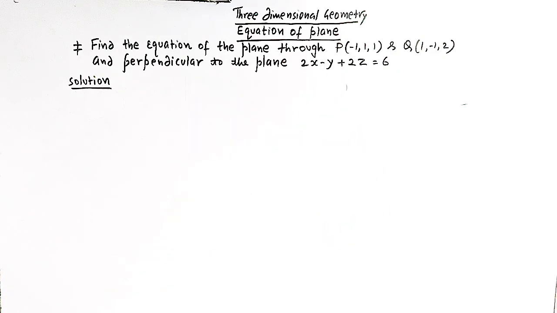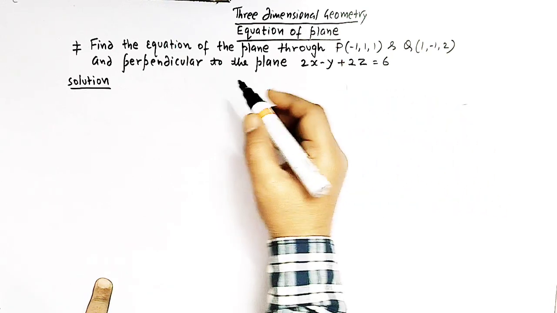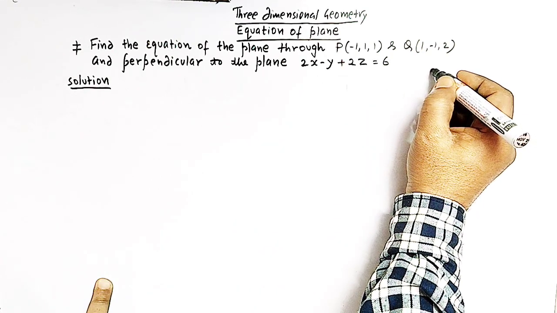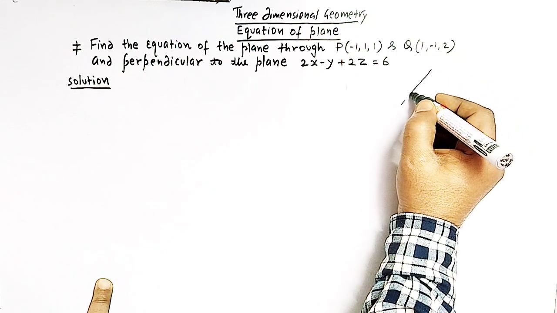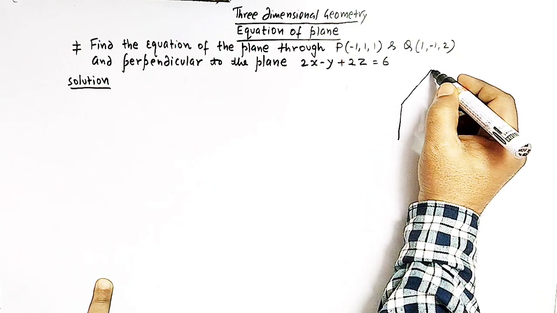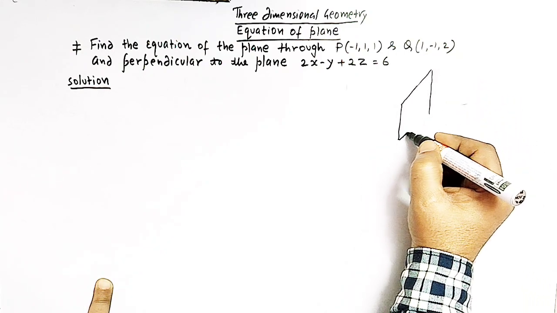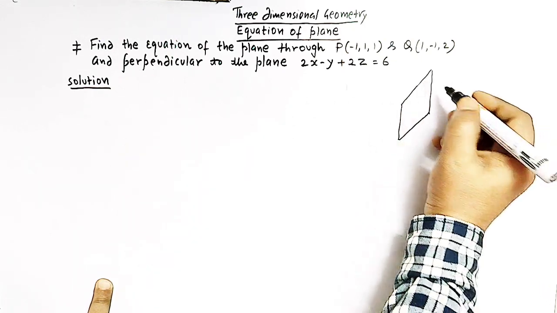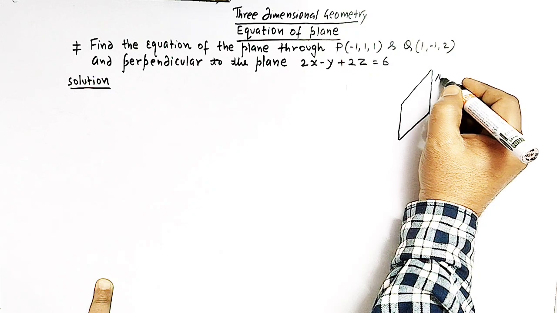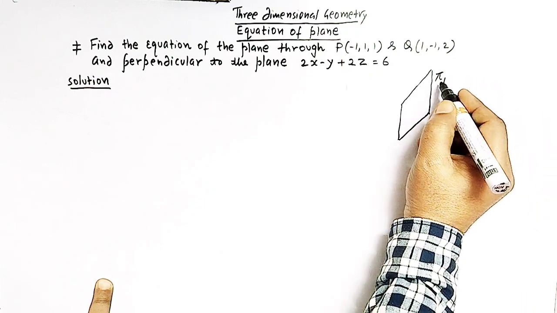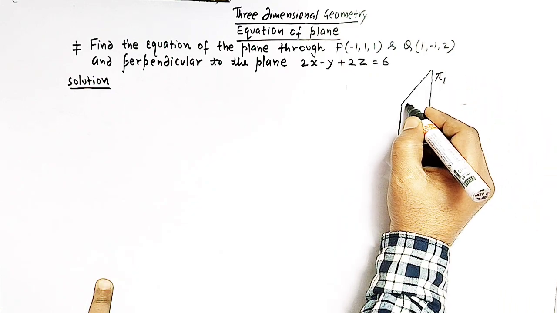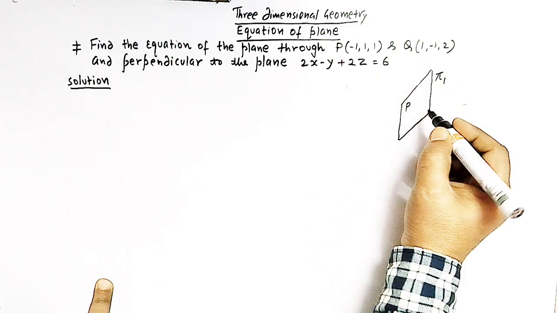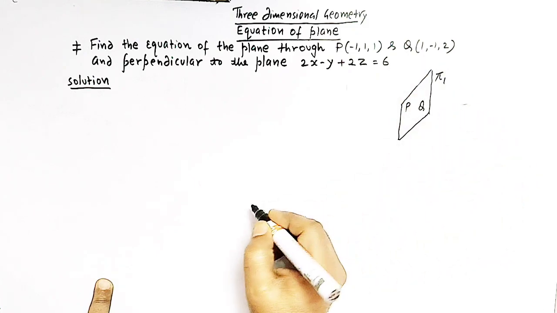So let us start. So now let us draw a rough diagram. So here the required plane may be taken like this. This is the plane whose equation is to be obtained, and here this plane may be denoted by say pi 1, and this plane pi 1 contains these 2 points P and Q, right?